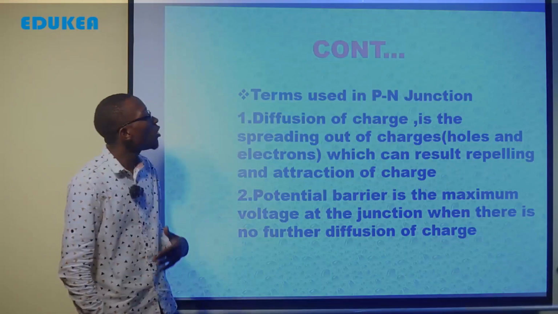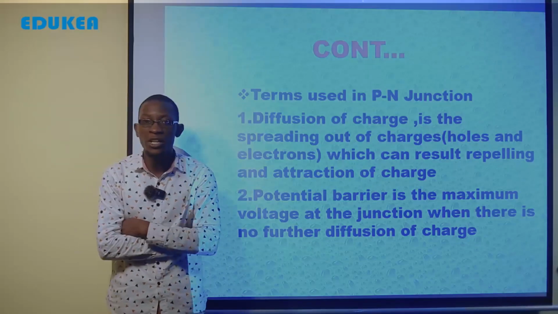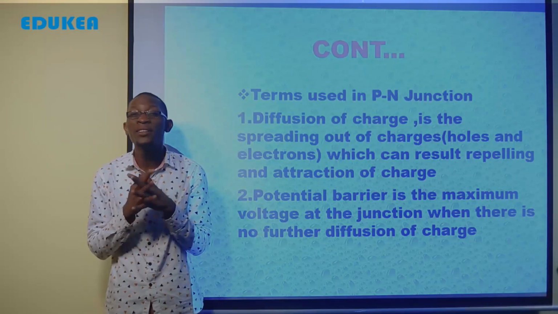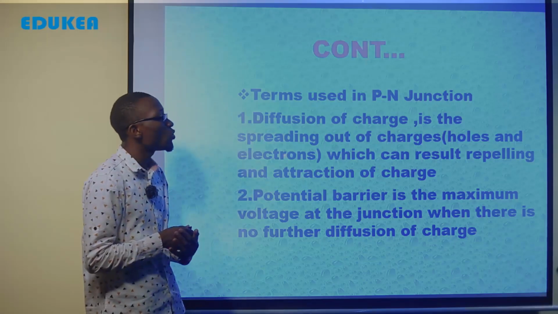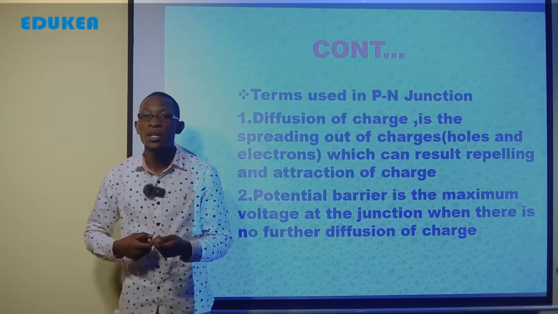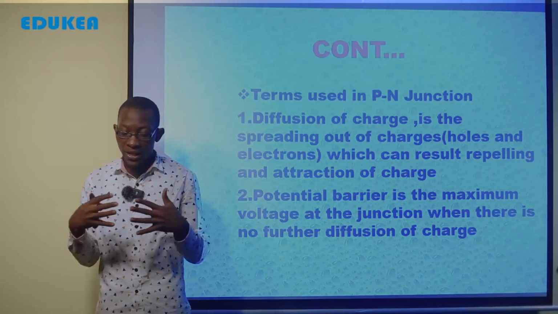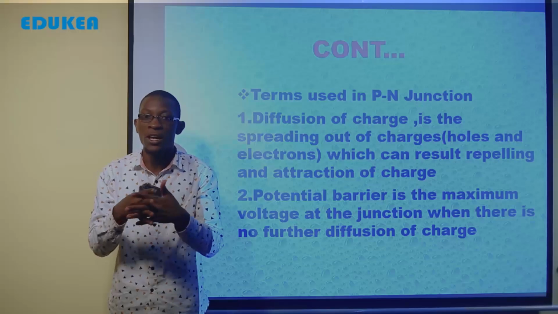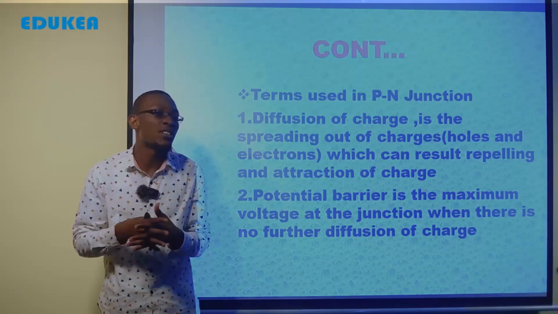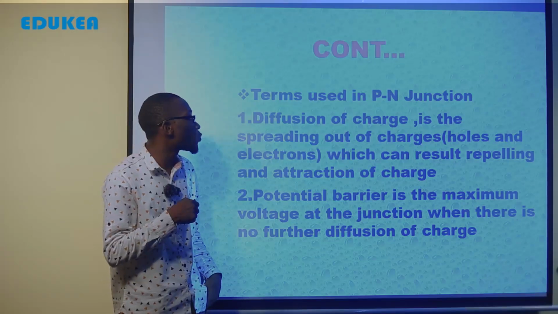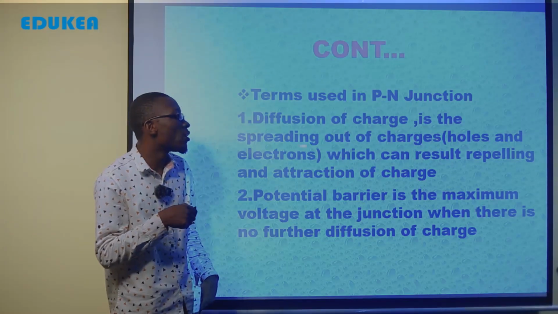So the terms used in PN junction. Let us look at the terms ambazo zinatumika kwenye PN junction. The first is diffusion of charge. Diffusion of charge, kuingia au kupenyeza, penetration of charge. Namna gani ambavyo charge zinafanyaje? Zina penetrate. So diffusion of charge is the spreading out of charge. Kwamba ni kitendo cha spreading, kupita.